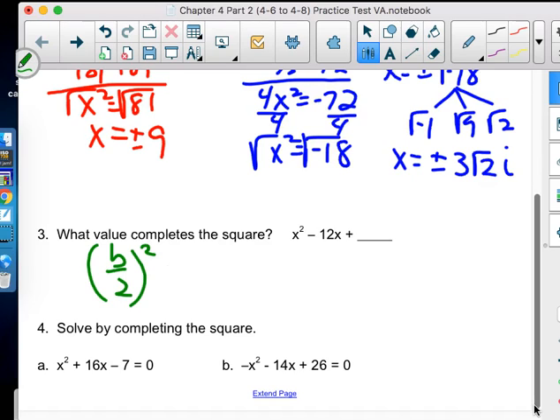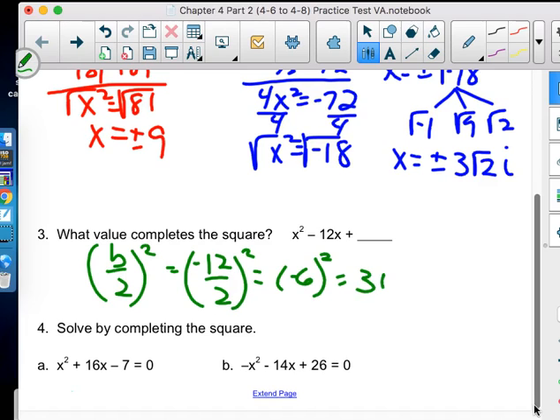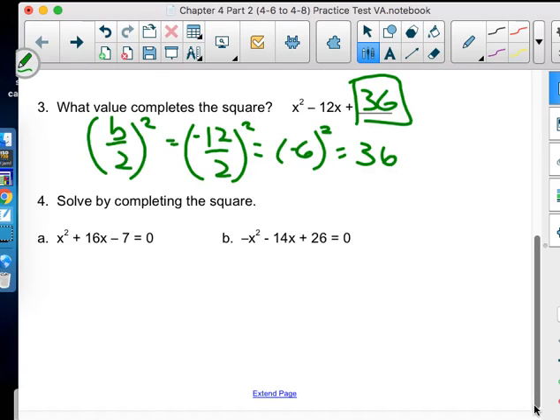Negative 12. So negative 12 divided by 2 squared will be negative 6 squared, which is 36. There it is. So that question is just going to test, do you remember the little formula, b over 2 squared? That's how we complete the square. But your x squared has to have a 1 in front of it to do that.